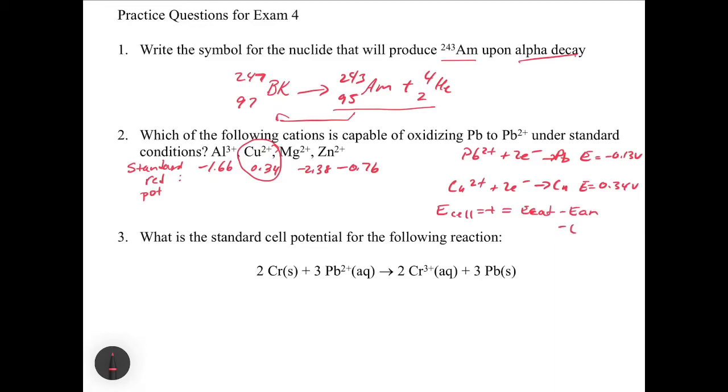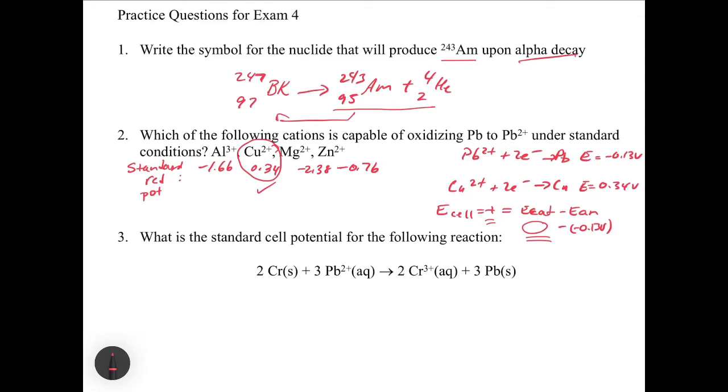So if we have minus negative 0.13 volts, we need some number over here that gives us a positive number. You can plug these other ones in: if you plug in minus 1.66, minus 2.38, or minus 0.76, you're going to get a negative number. The only one that gives you a spontaneous positive number is copper. So that's the correct answer, and we know that because it has the higher standard reduction potential.